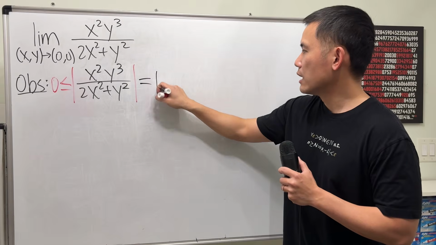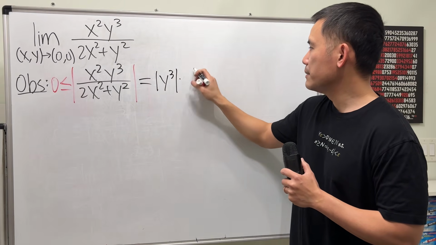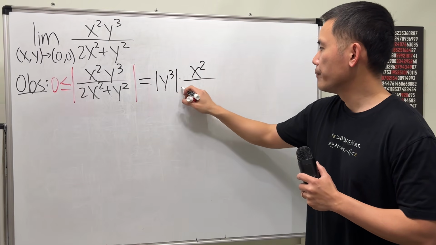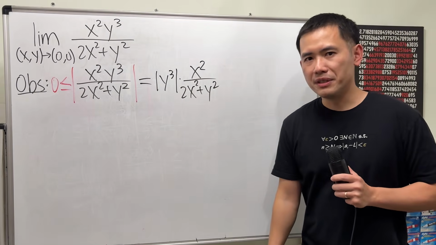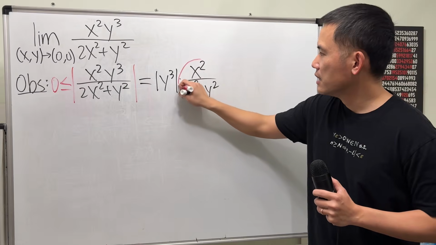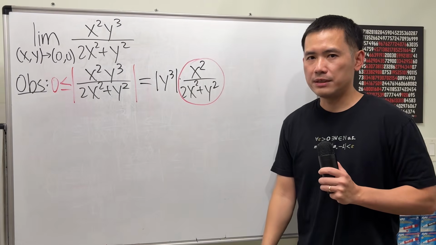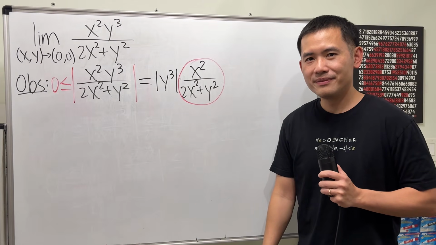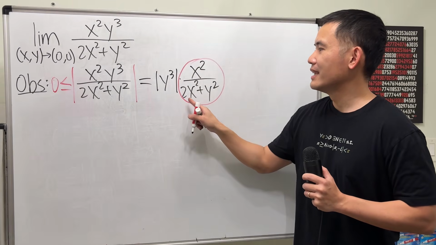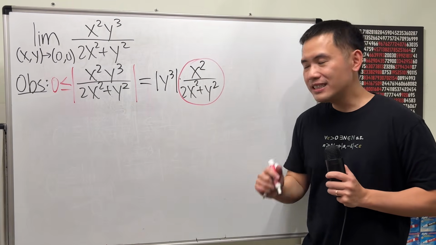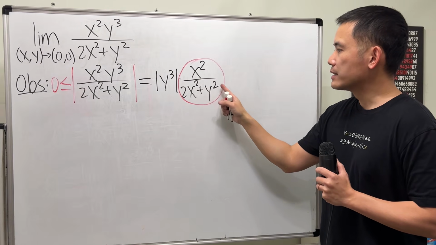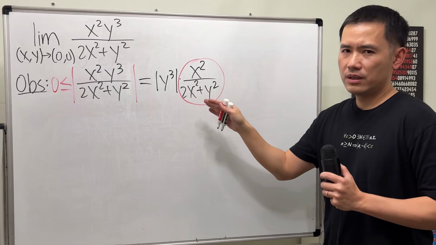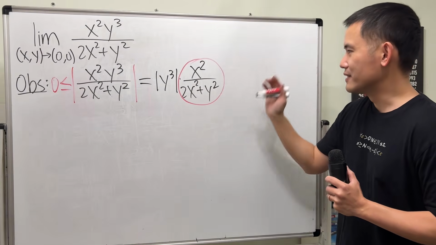So I'm going to put down absolute value of y cubed times x squared over 2x squared plus y squared. And now we are in business because this part has a very nice bound. What is it? The answer is 1/2. And the reason is because on the bottom we are just adding y squared, and then this and that are never negative. So this is very nice.